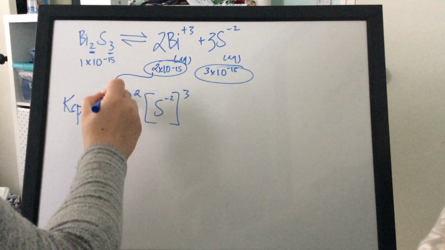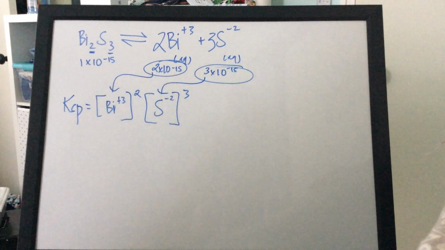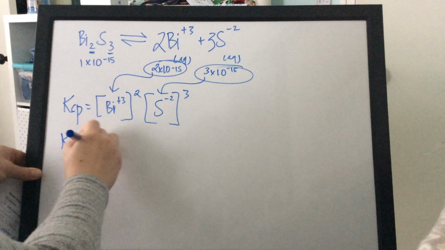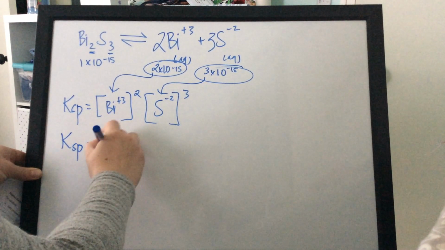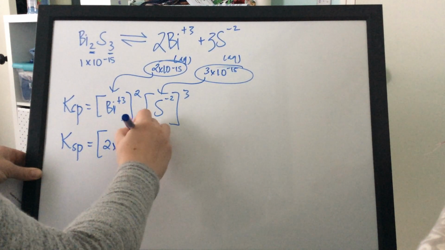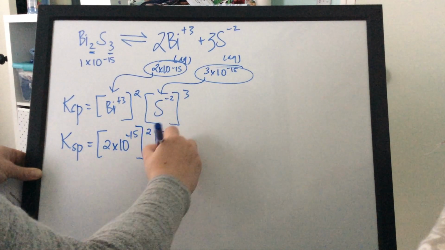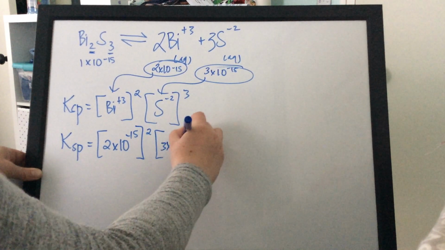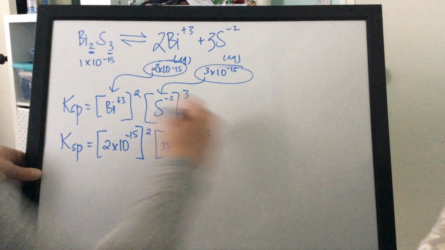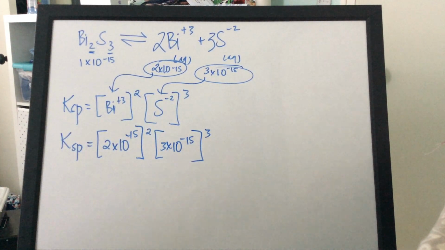that I can plug into my Ksp expression. I just have to be careful that I square and cube where necessary. It'd be easy here to make a calculator error, only because we've got a lot of scientific notation and exponents and powers going on.